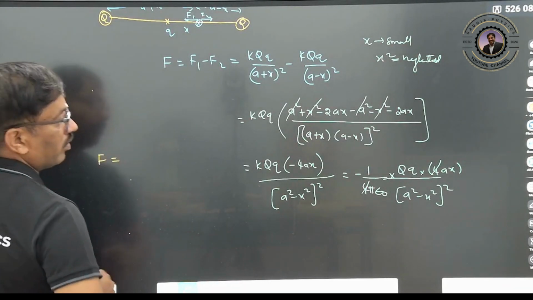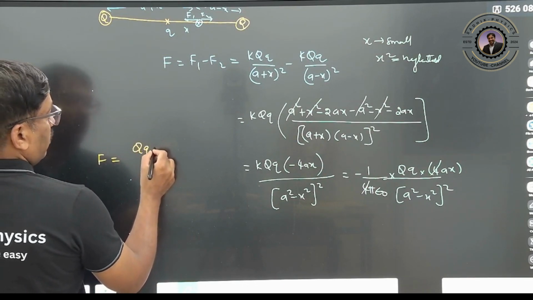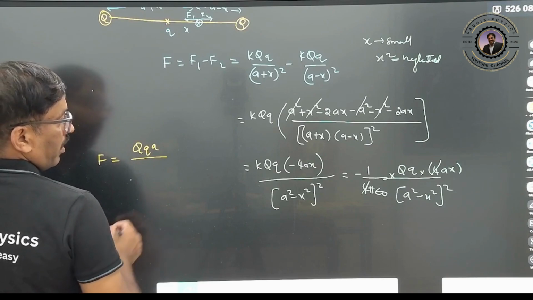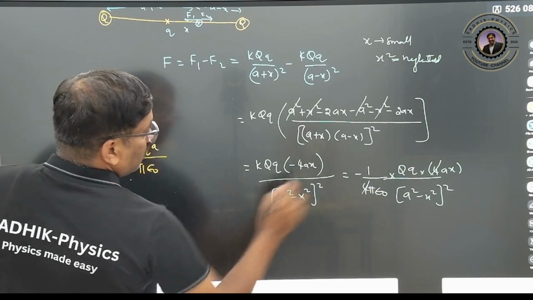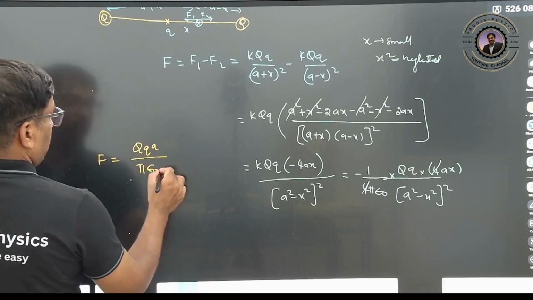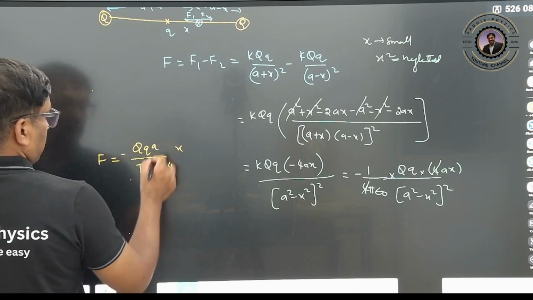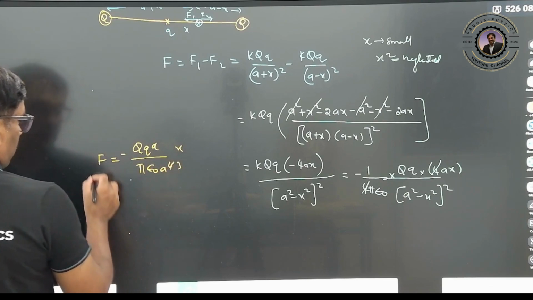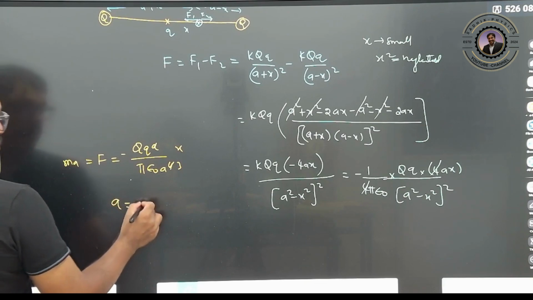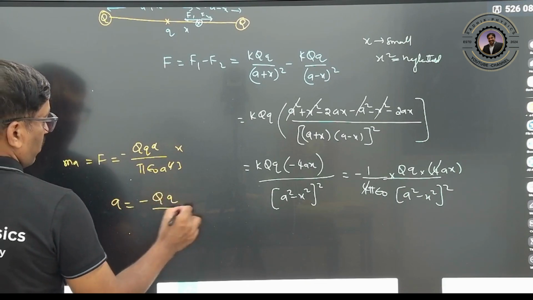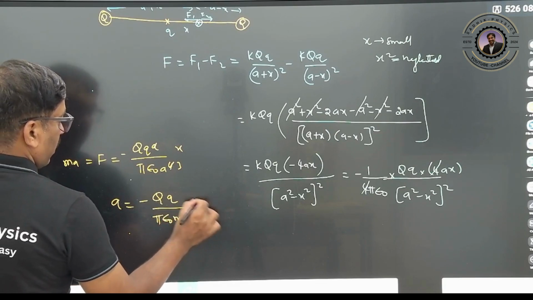Force will be equal to minus Q q a divided by pi epsilon naught a to the power of 4 into x, and it will be equal to m a.